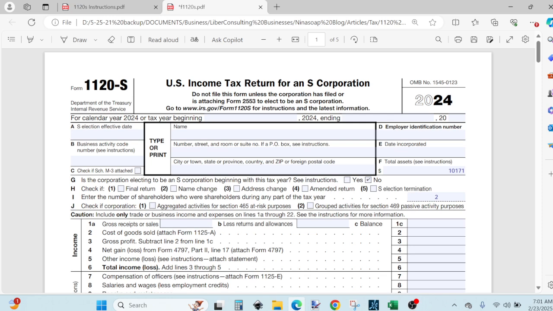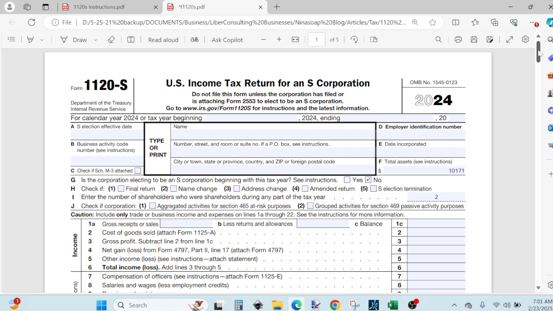So your total revenue, if you are selling things, will go on line 1. Page 1 is related to business activities, not passive income.